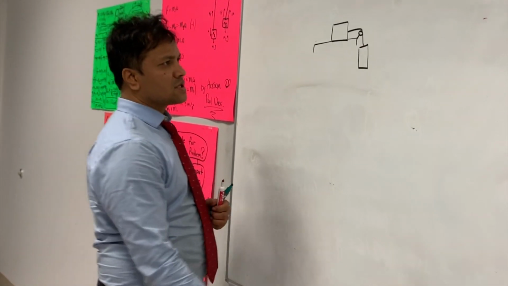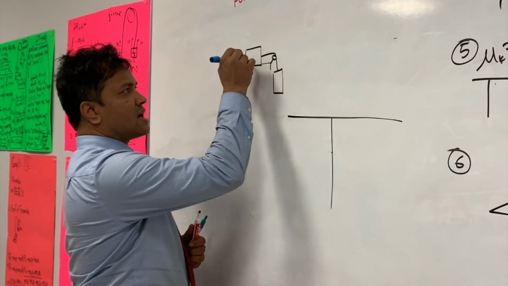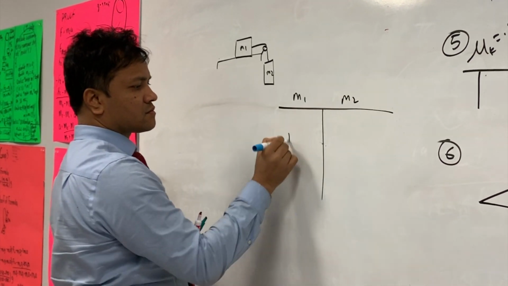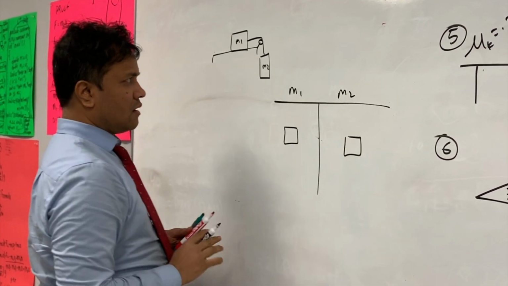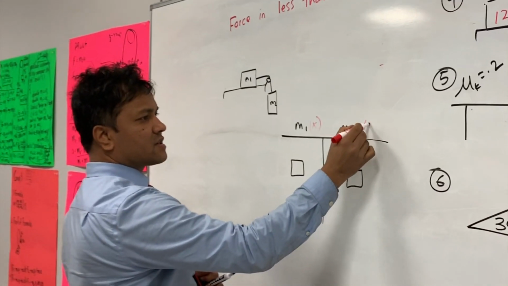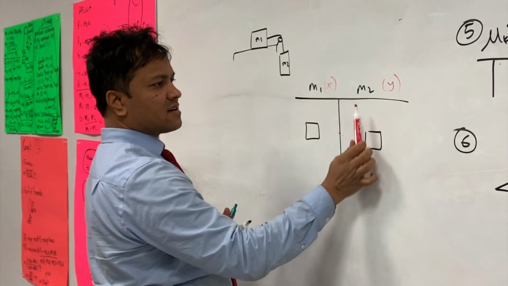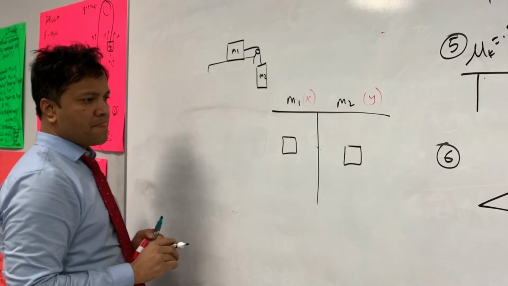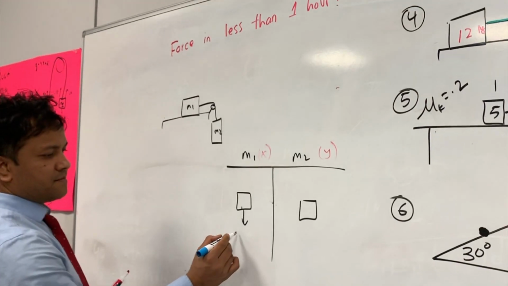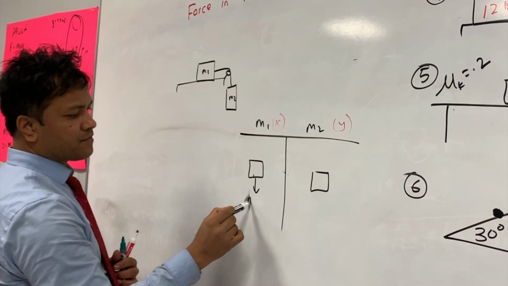Okay? So now let's do the force diagram before we do anything. This is M1, this is M2. M1 in the x direction, M2 in the y direction. Why? Because this is accelerating in the x direction and this is accelerating in the y direction. So this one has to be Fg, to be more accurate, M1g.